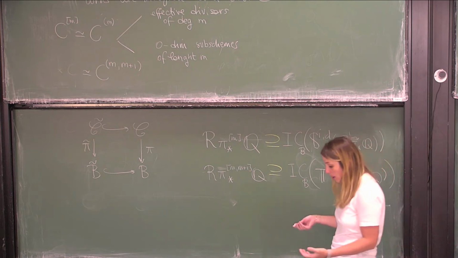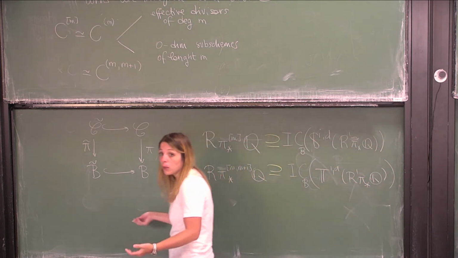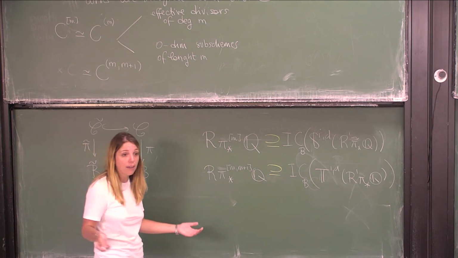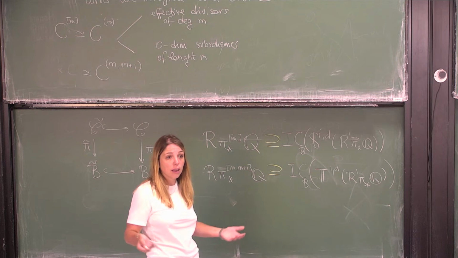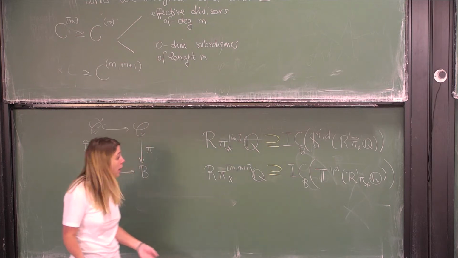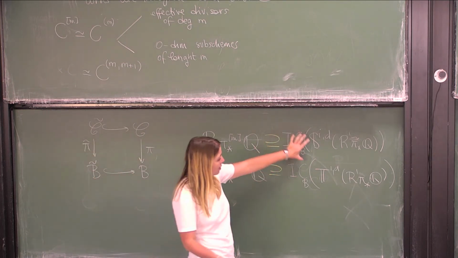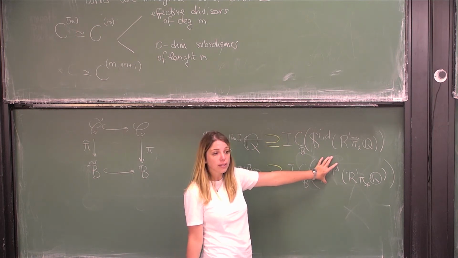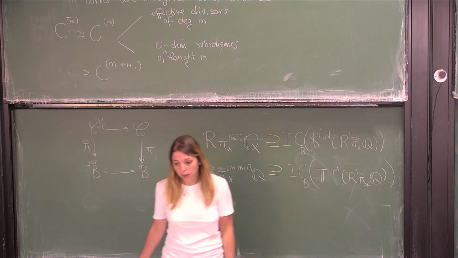For example, when you have singular varieties, we all know that we don't have Poincaré duality anymore, we don't have Hard Lefschetz, we cannot do a proper Hodge theory. Intersection homology is designed precisely to restore this kind of property, so to restore all the symmetries that get lost. Okay?